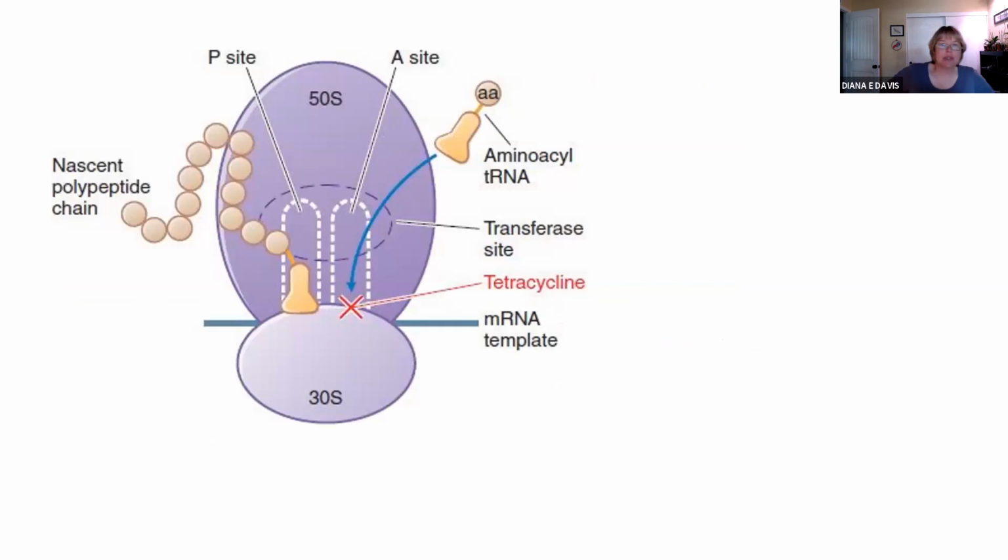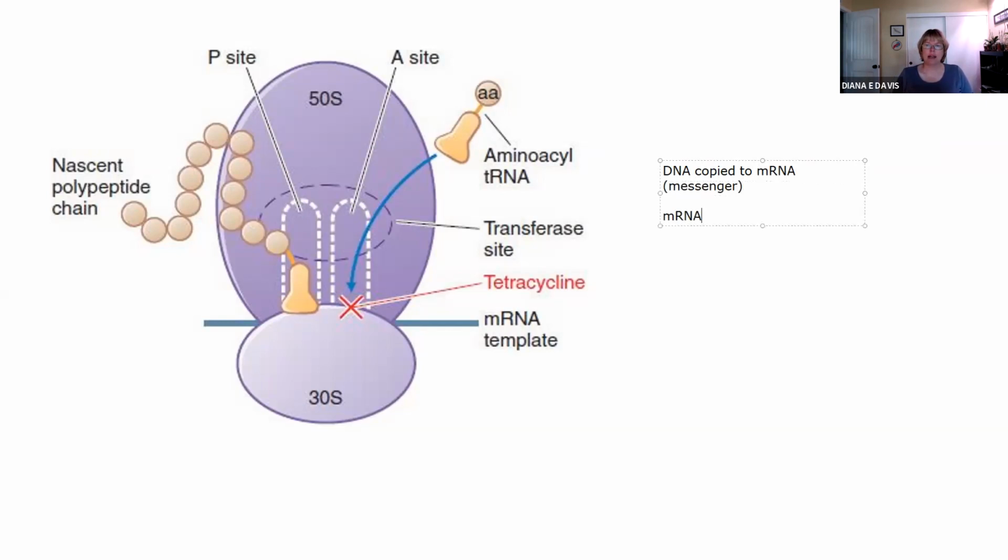Oof, this looks confusing, doesn't it? If we're looking at things that target protein synthesis, I'm not expecting you to look at this and understand exactly what's going on. So let me walk you through this. The process of making proteins, you may have heard about this. DNA is copied to what's called mRNA, which is messenger RNA.